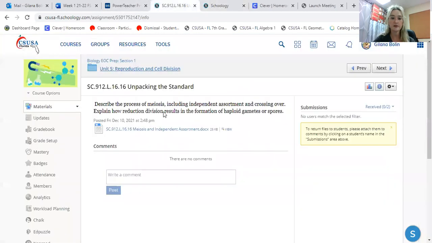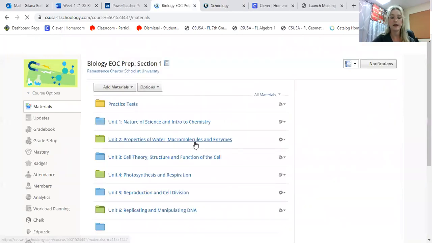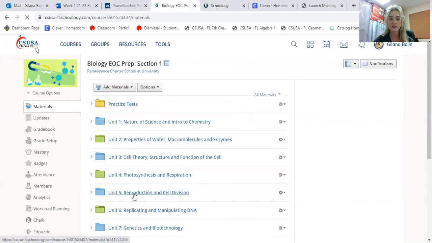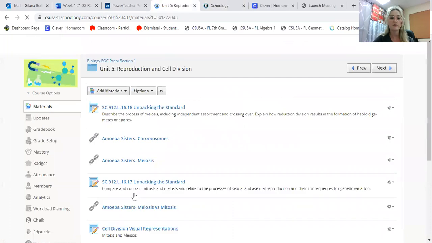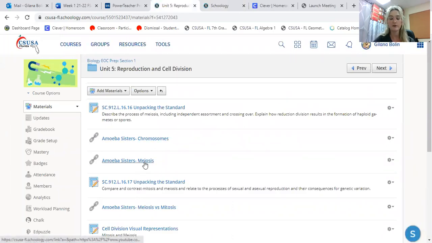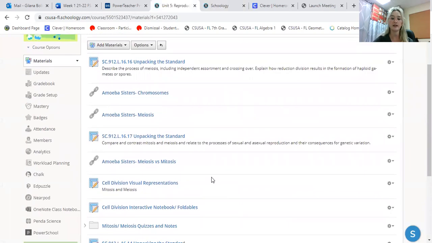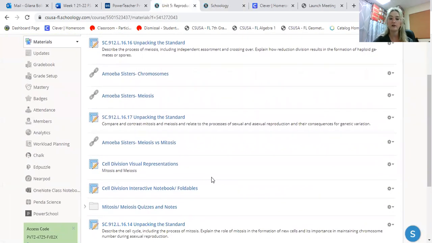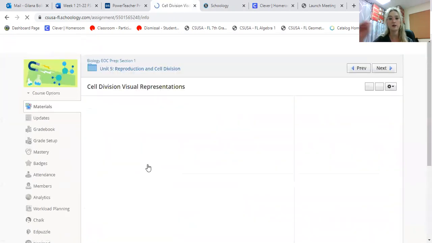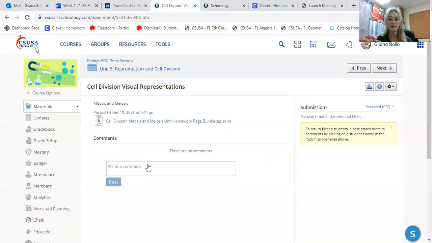Going back to here, I also did a little extra legwork, and I love Amoeba Sisters for science. So I went through their site and I found every single video that corresponded to the given unit. So here we have Amoeba Sisters chromosomes, meiosis, meiosis versus mitosis, and it keeps going. I even included foldables and visual representations so the teacher can go in, look at the resource, and then utilize it in the classroom.